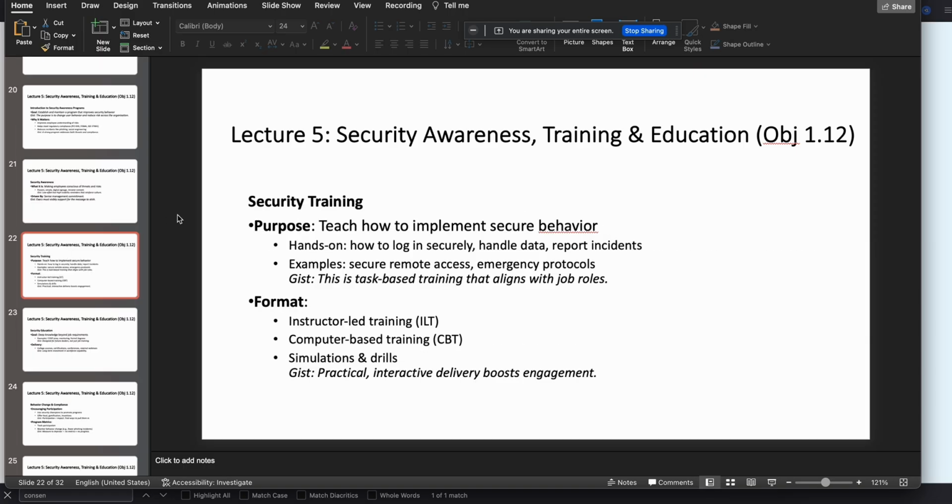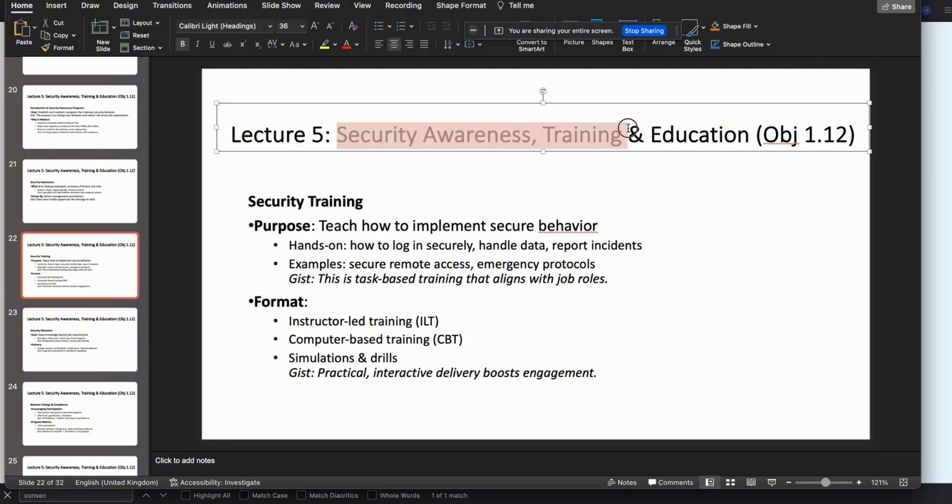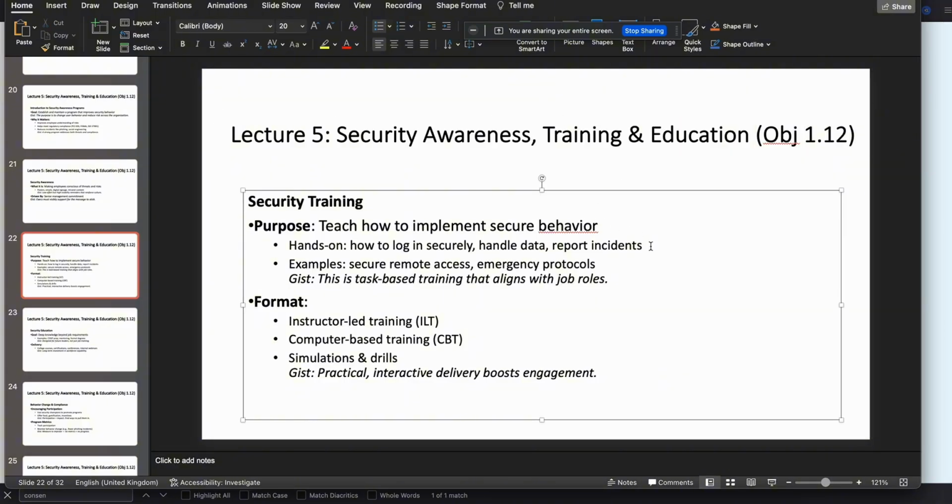Every organization needs to implement security awareness and training education. Why is it so? Because under ISO 27001:2022, clause 7.2, it is written: competence.